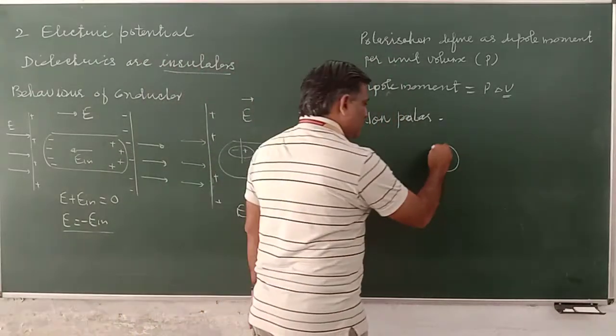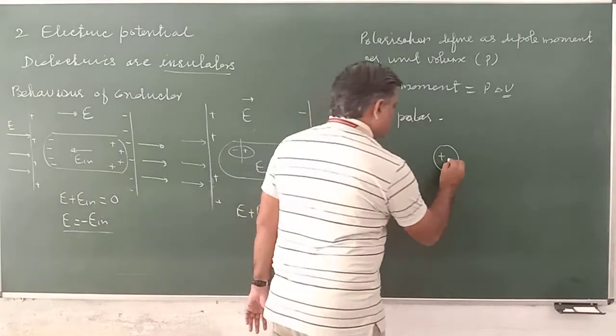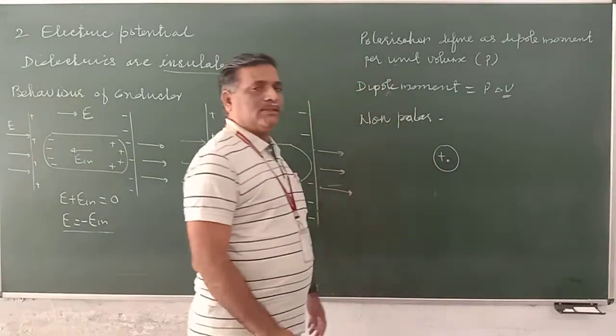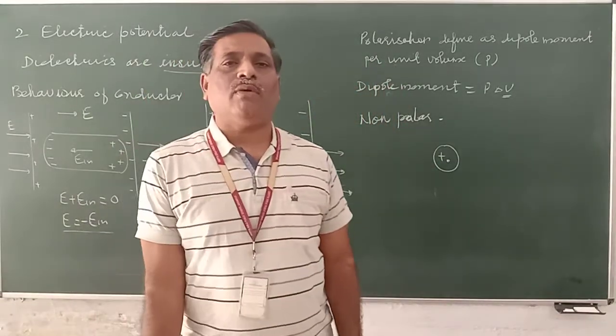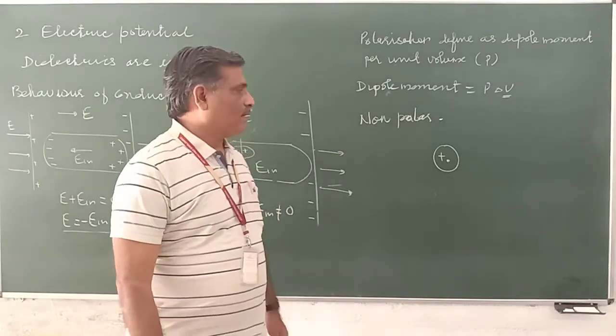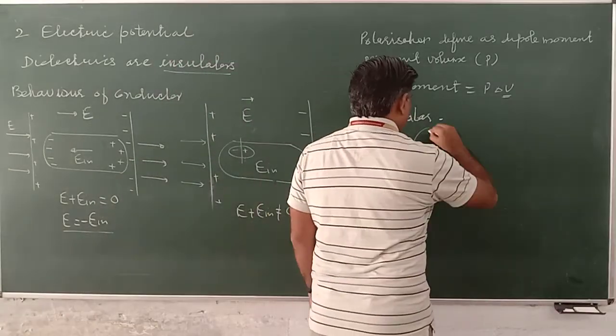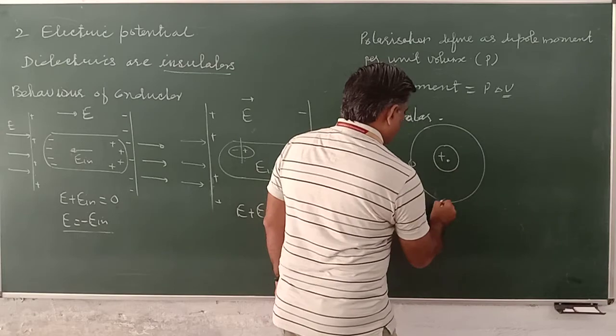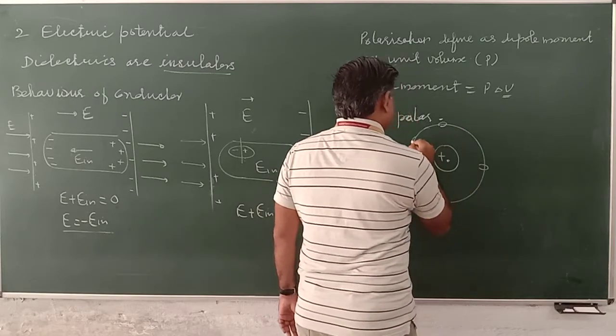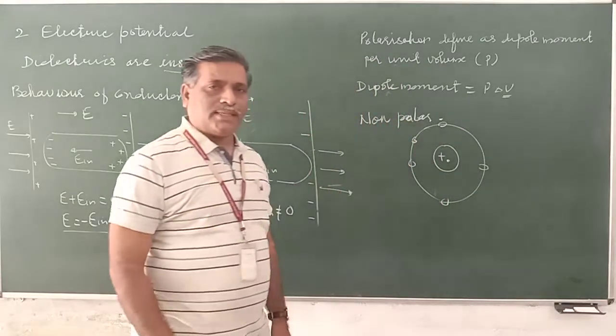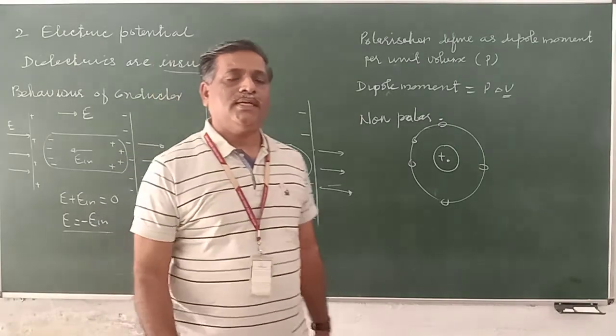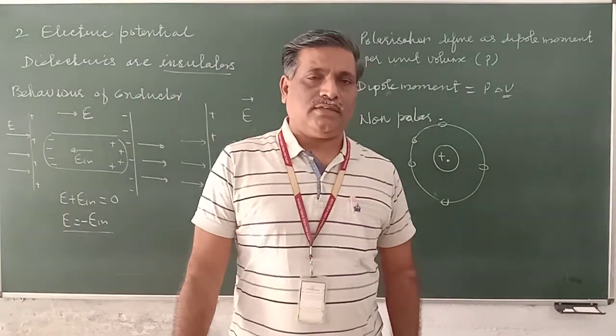There are many positive charges, protons, and they have one center of mass, which is also called the center of positive charge. There are many electrons around this, and they have their center of mass, which is called the negative charge center.